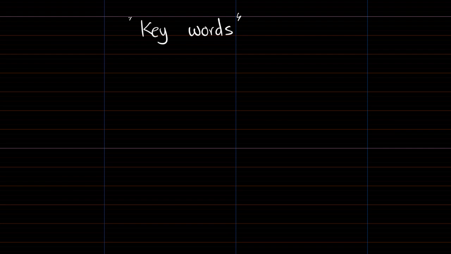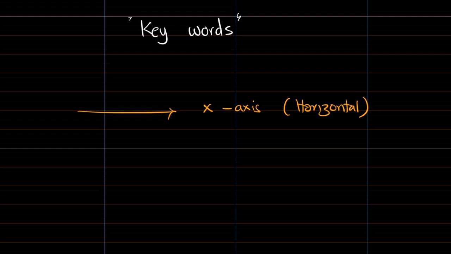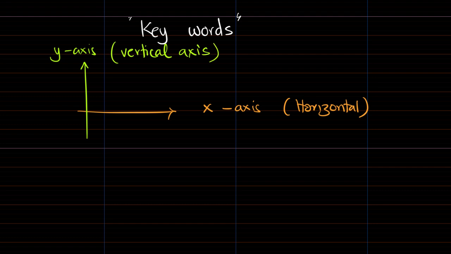For me, the two keywords are the axes: the horizontal axis, which is known as the x-axis, and the vertical axis, which is known as the y-axis. So coordinate geometry is about two axes, the story of two axes, that is the x-axis and the y-axis.